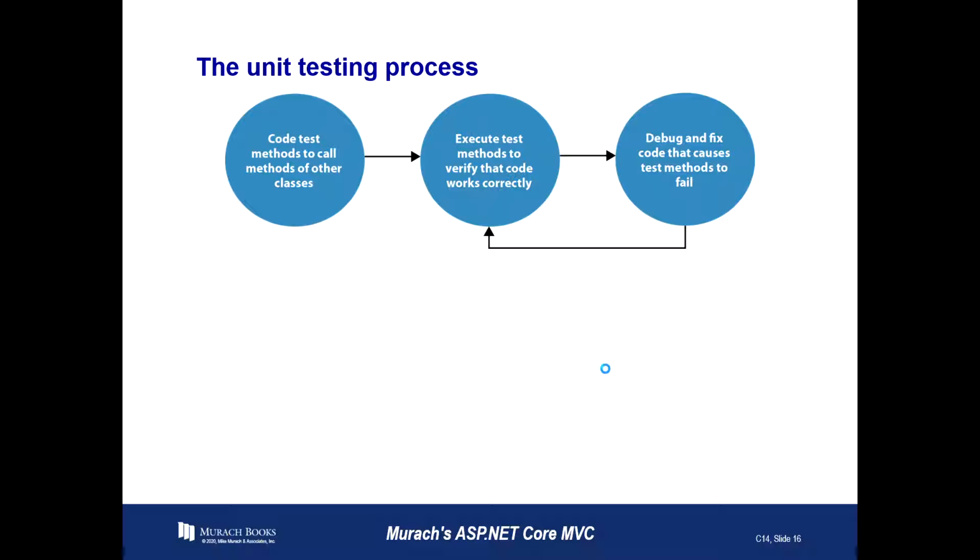You don't finish coding that method until the test passes, and then you go on and do that until your project is finished. So one method is you code the project and then code your tests, and then fine-tune your methods, or you code the test first, and you don't move on until that test passes. So you see here, you debug and fix the code that causes test methods to fail.